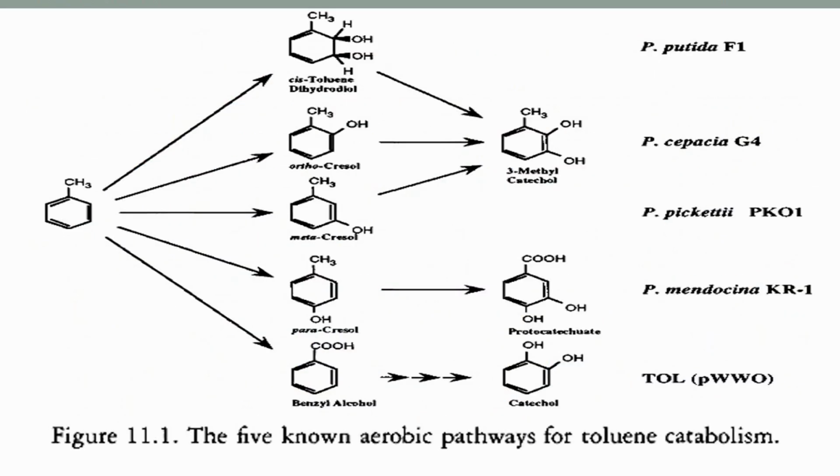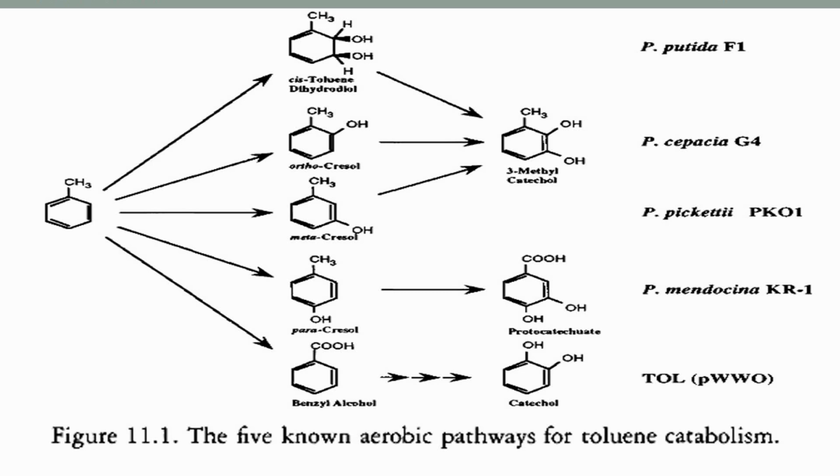If you look at this figure, you can find the five aerobic pathways for toluene degradation, with toluene on your left side. The bacterium Pseudomonas has these five different pathways.